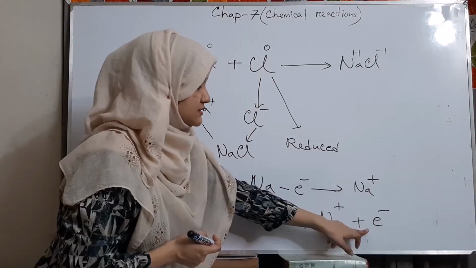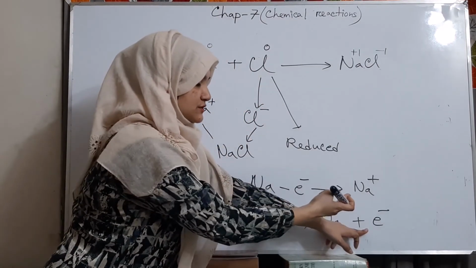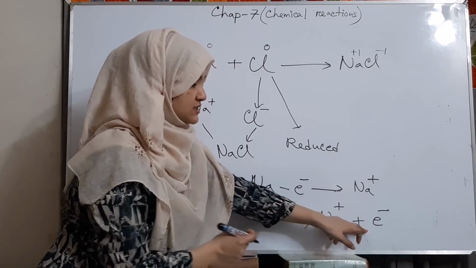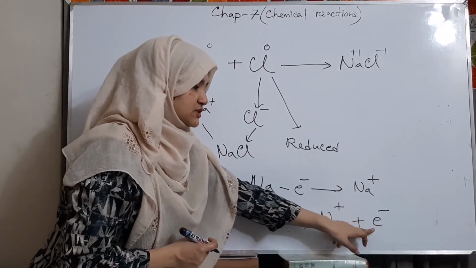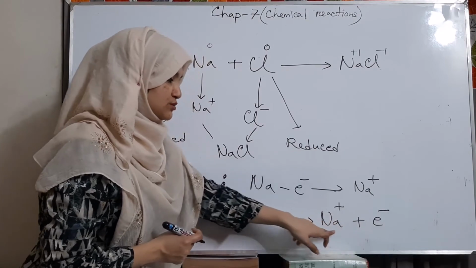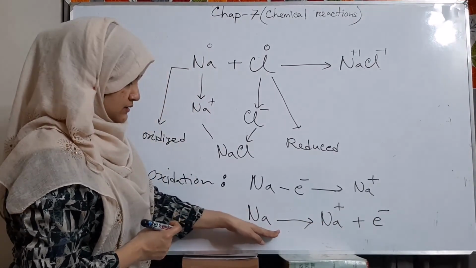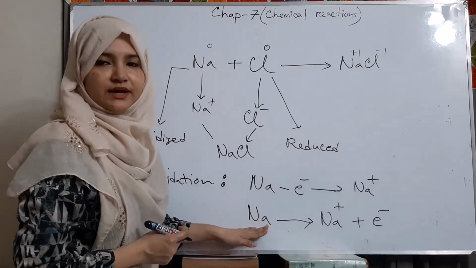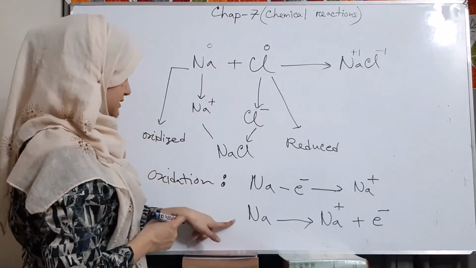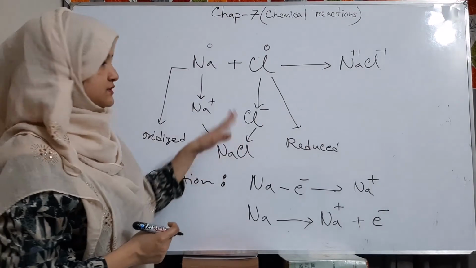Writing this electron on the right side of the chemical equation indicates that this electron is being produced along with the sodium plus ion and is no longer part of the sodium atom. This is the oxidation part of this chemical reaction.